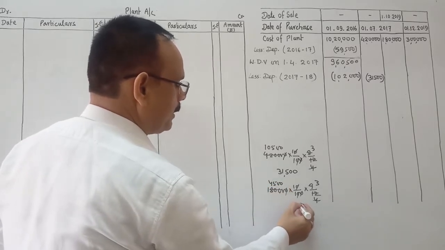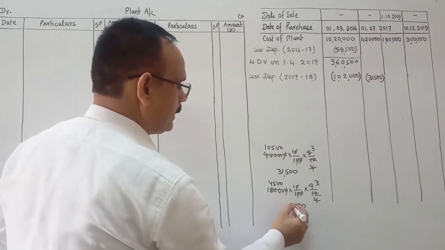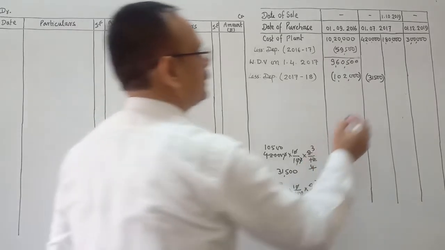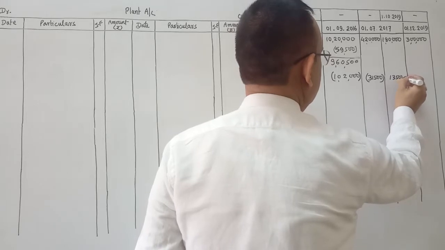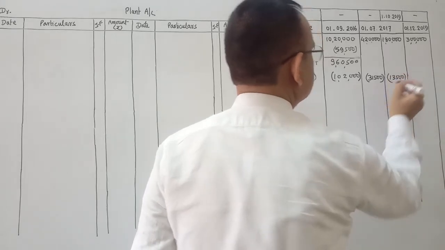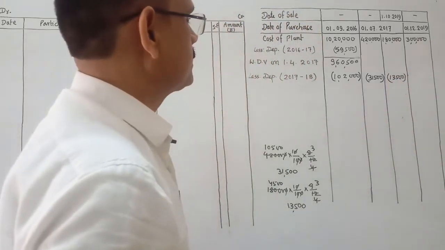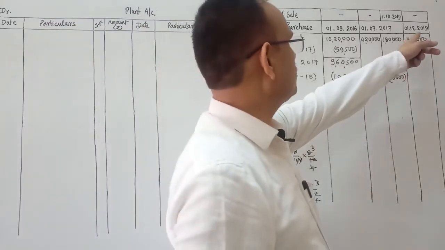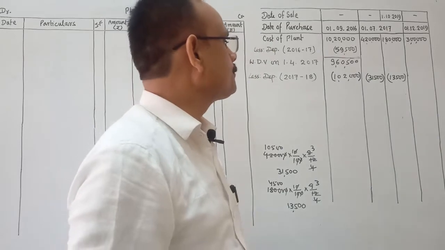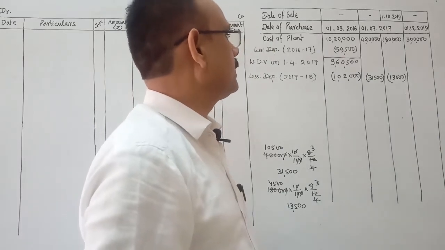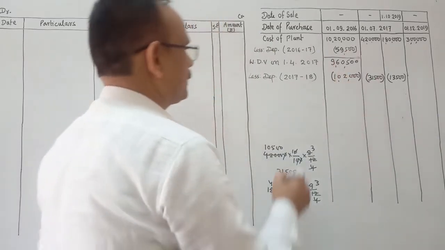So it is 13,500 depreciation for 9 months. This one comes under the machine purchased on 1st December 2019, so this will be in another financial year.